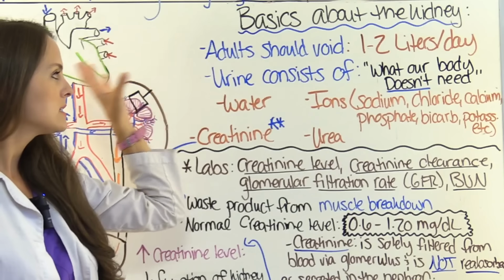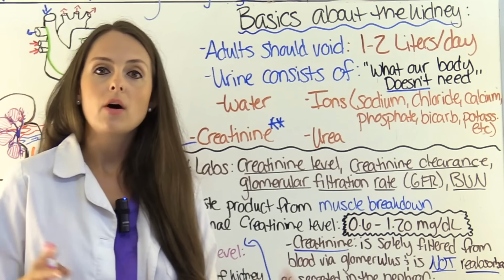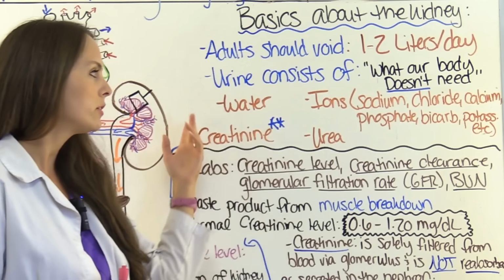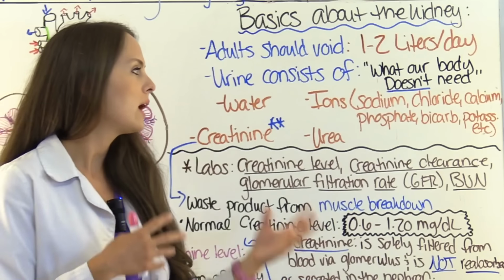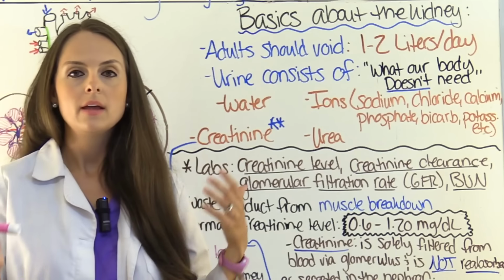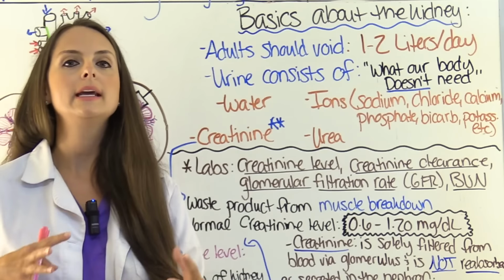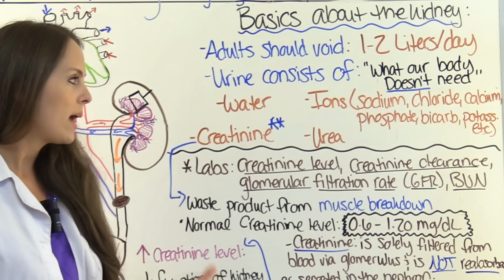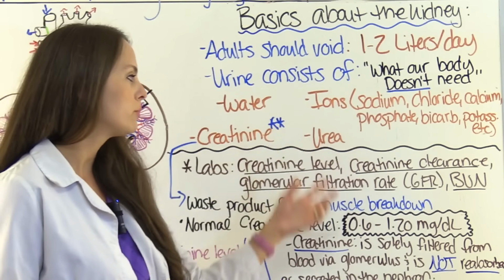Now, what does urine consist of? Substances our body really doesn't need. So you're going to be finding water in there, ions that will range from sodium to chloride to calcium, phosphate, bicarb, everything like that, because remember, our nephron picked and chose what we needed to maintain that homeostasis in our body, along with waste products, because we do not want that to build up in our body, like urea.